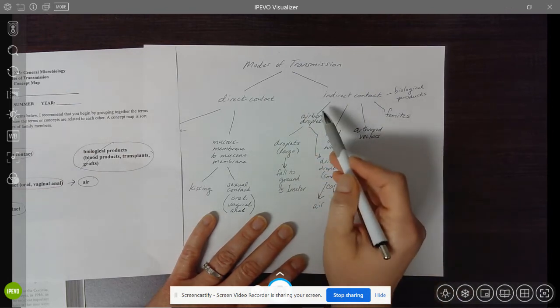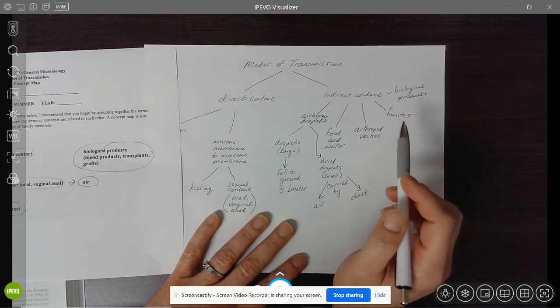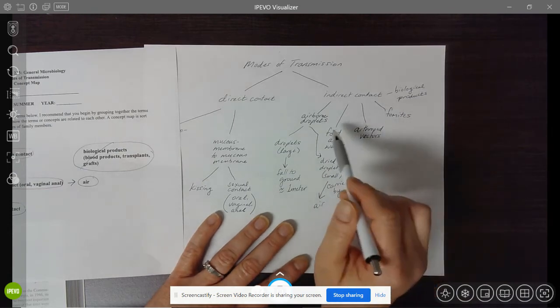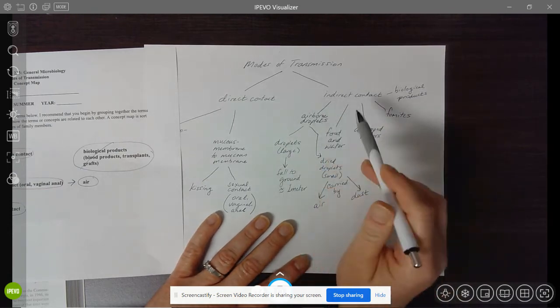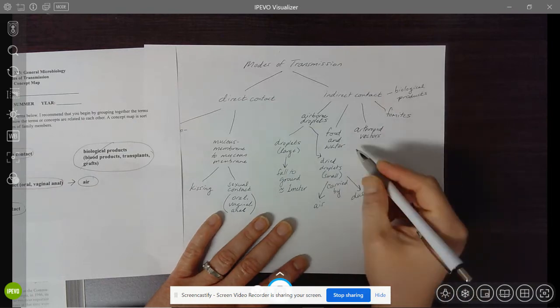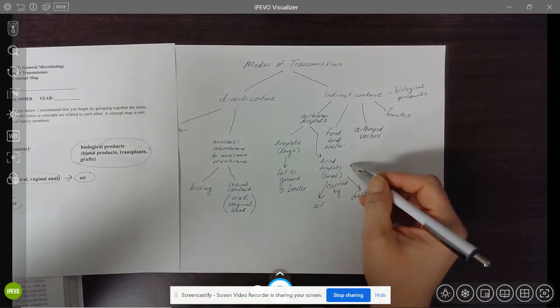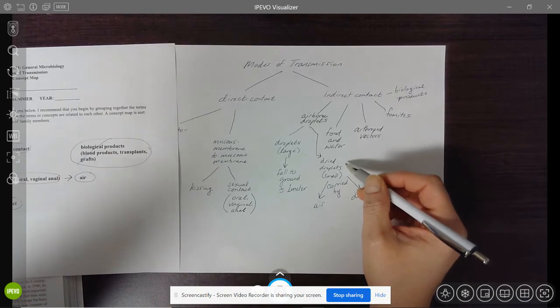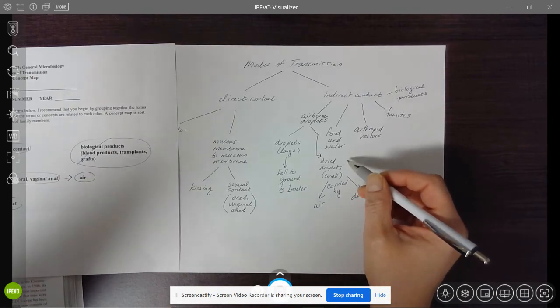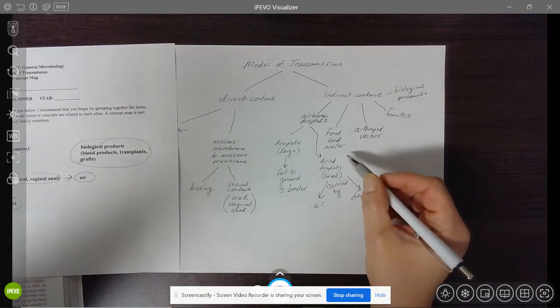And I have to tell you that the CDC does not. So the CDC makes a different distinction here, and I'll talk about that once I'm done doing this. As with some other things we've talked about, your book is not the end-all and be-all of microbiology land.